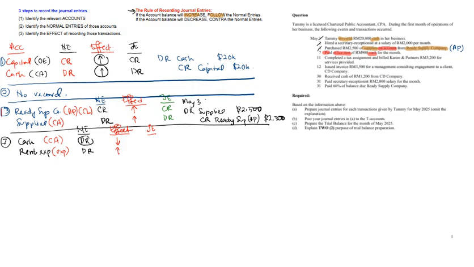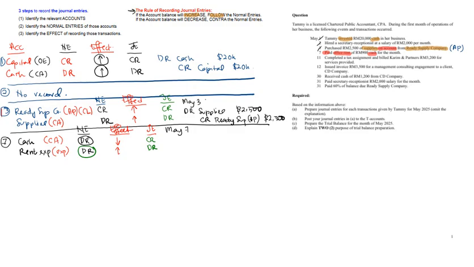So contra of debit is credit. And then for the one that increased, we just follow the normal entry, which is debit. So you will always have one debit and one credit, and start recording the journal entry.